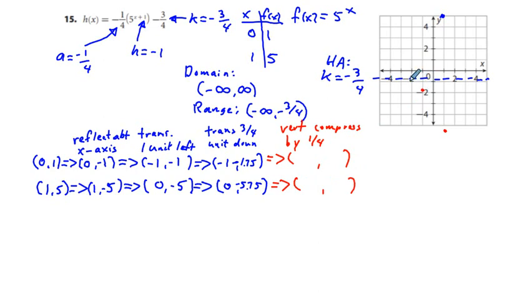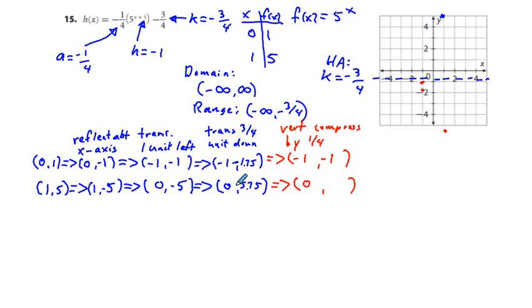For this first point I'm going to put the x values in place, leave them the same. So we are at negative 1.75, which is 1 full unit below the horizontal asymptote. And so 1 divided by 4 means we're going to come 1/4 of that distance, which is going to be right here where y equals negative 1. That's going to be 1/4 of the distance.